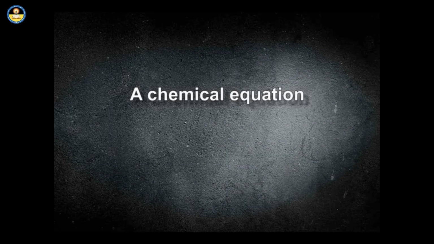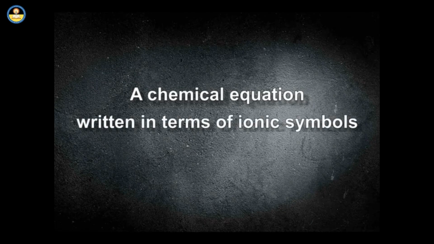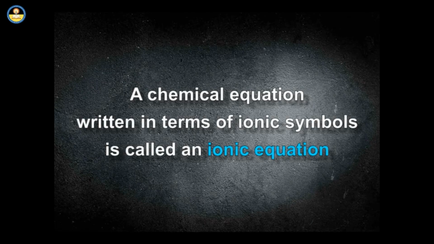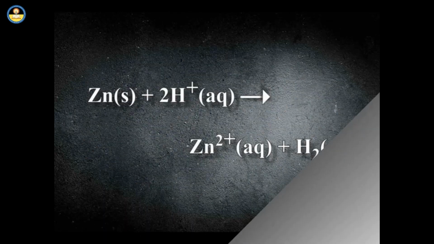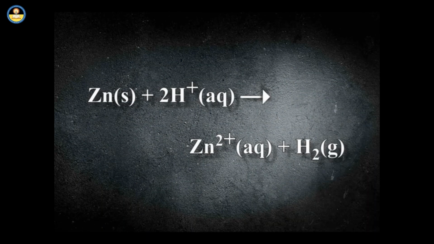We can say that a chemical equation written in terms of ionic symbols is called an ionic equation. For example, the equation shown on screen is an ionic equation. Zn in solid state reacts with two H+ ions in aqueous state to give Zn2+ ions in aqueous state plus H2 in gaseous state.